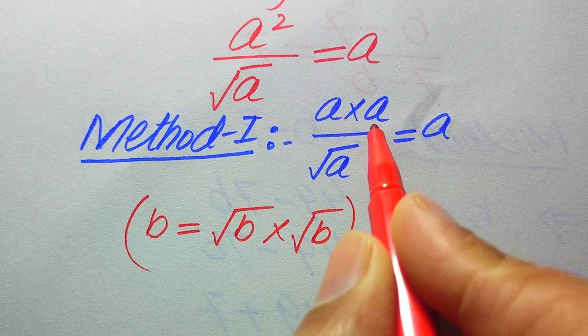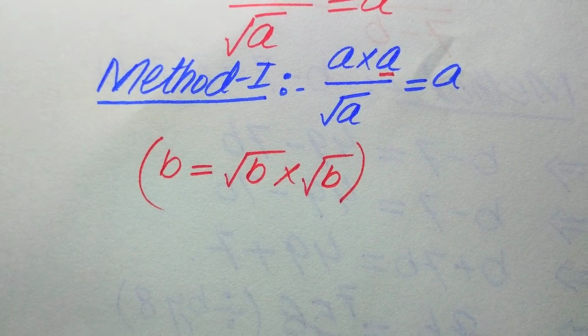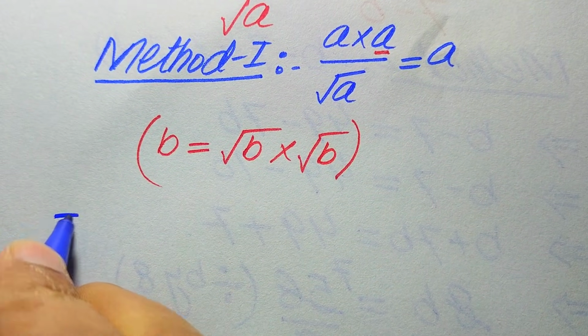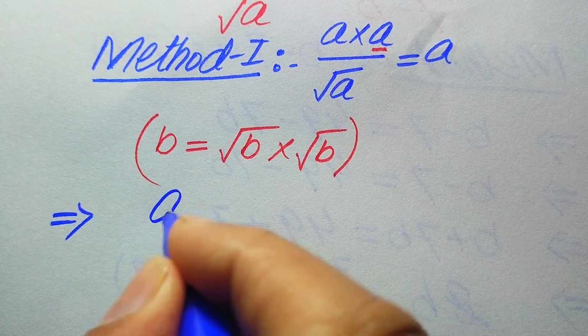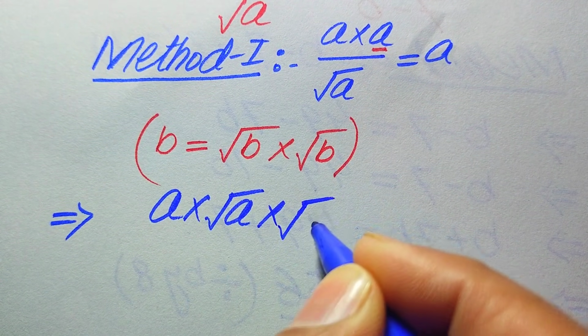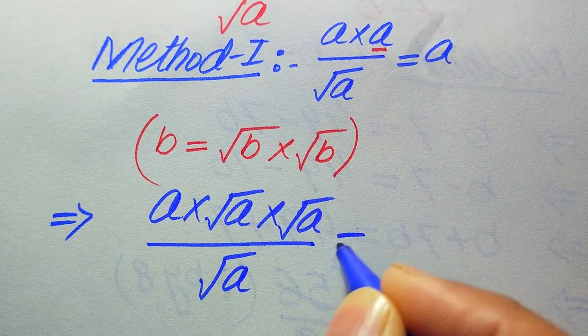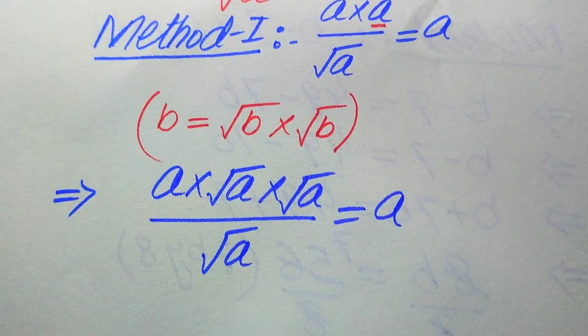So according to this rule we write this a as a product of two radical terms, and we write our above equation in this form. This becomes a multiplied by the square root of a multiplied by the square root of a, divided by the square root of a, is equal to a.